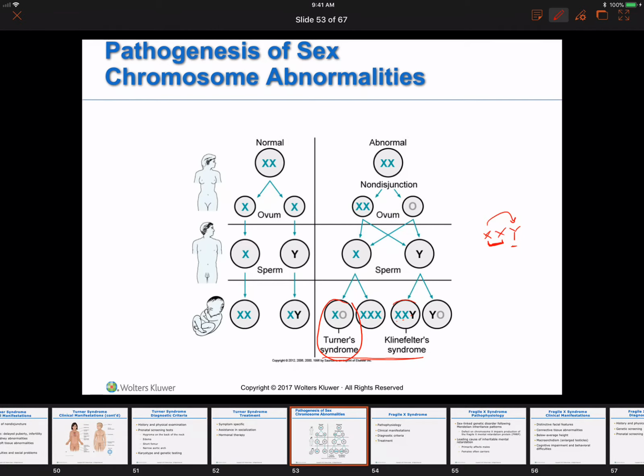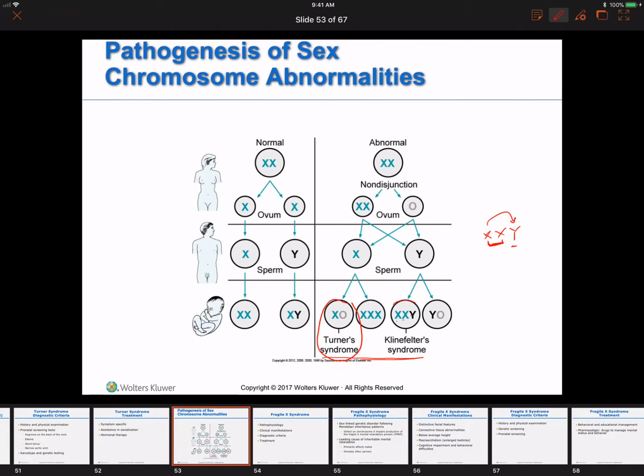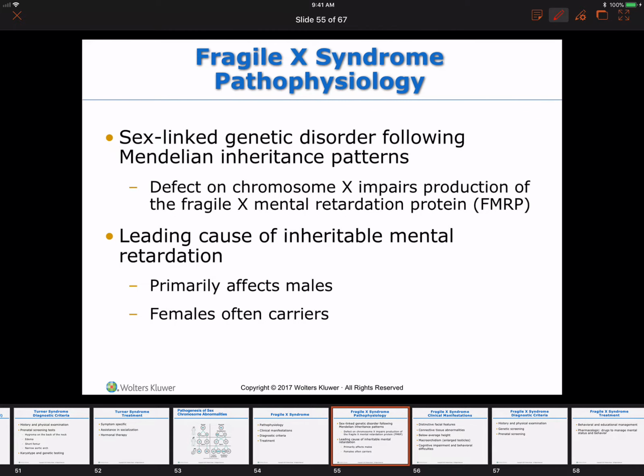All right, some of the examples we have. The first one is Fragile X syndrome, which is a sex-linked genetic disorder, and it involves a defect in chromosome X. The mutation is usually with the Fragile X mental retardation protein. It is the leading cause of inheritable, not acquired, mental retardation.